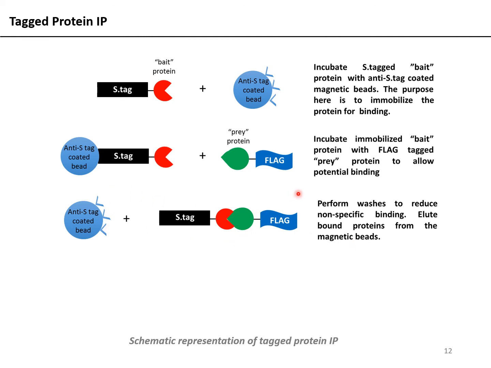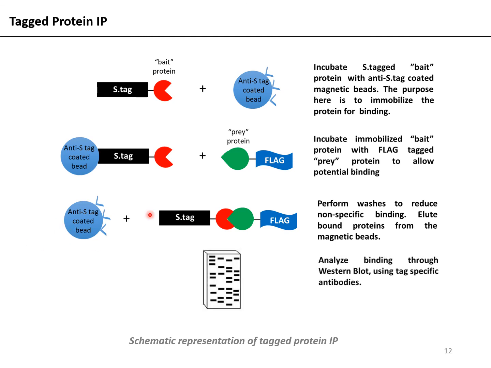So now you have your entire complex separate from the bead, and you can simply analyze the binding through a Western blot using tag-specific antibodies. In this case, because your prey protein has a flag tag, you can use anti-flag antibodies. This is also very beneficial where your prey protein has a tag, because now you can use one common antibody for several different prey proteins which are tagged with the same common tag.